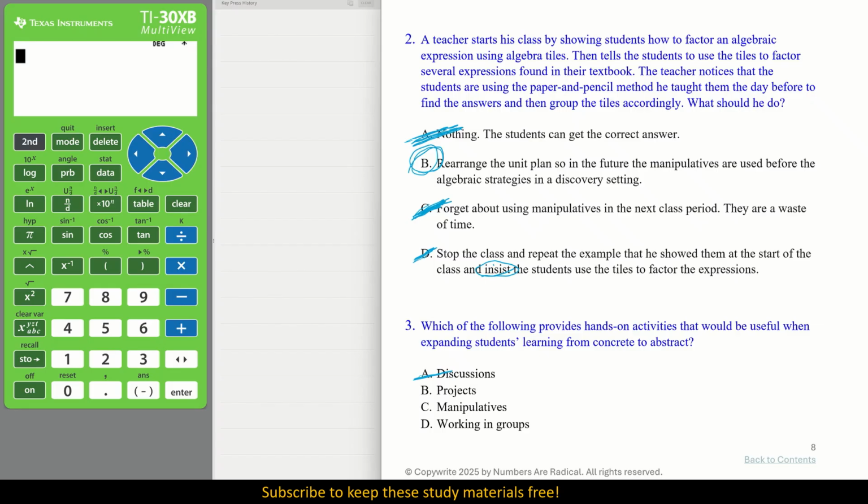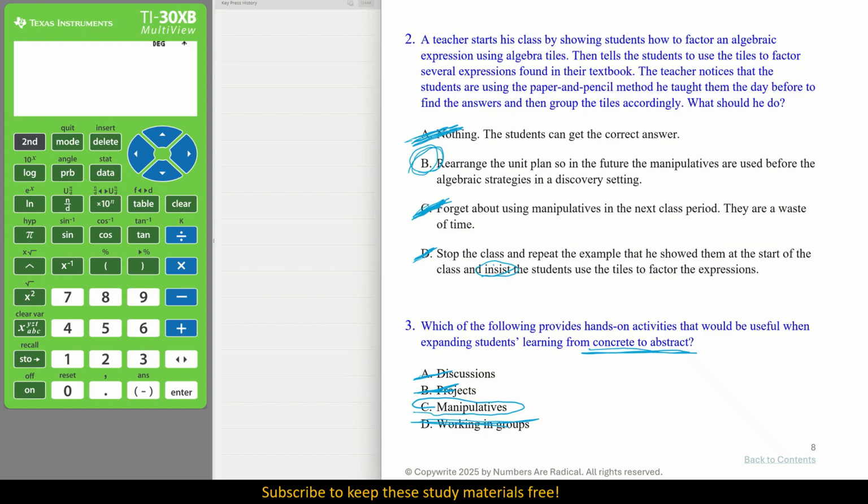A project I would do at the end, like a final grading. Okay, not for that kind of basic discovery. Manipulatives, absolutely. Working in groups, no, that's just a strategy that you might use with the manipulatives and many other things. But it doesn't apply to this particular educational idea. So I would stick with C, manipulatives.